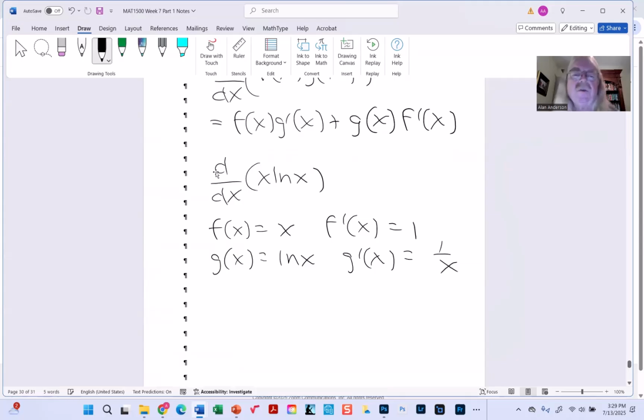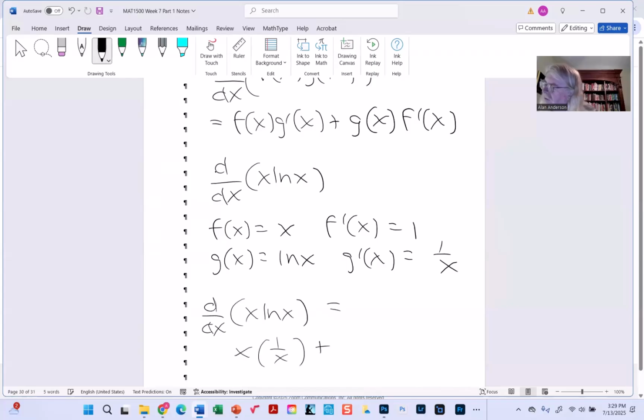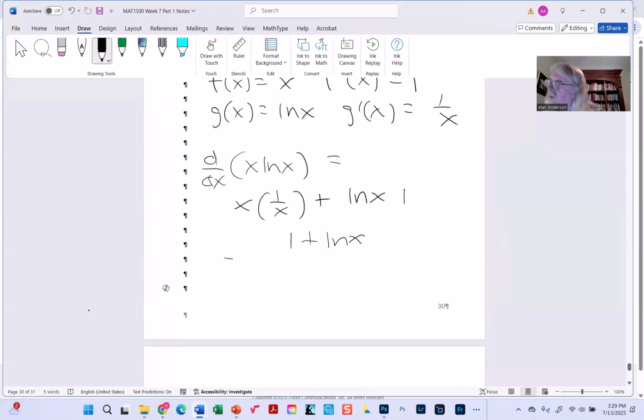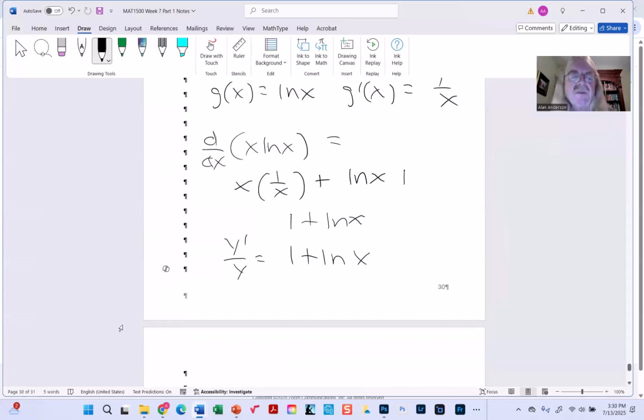Okay. So then when we plug these into the product rule formula, we have x times 1 over x, plus log x times 1. So we have 1 plus log x. So the left-hand side of this equation, when we bring all this together, we have y prime over y equals 1 plus log x. Now we multiply both sides by y.